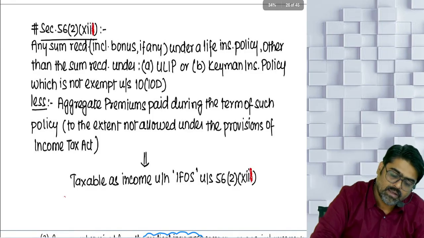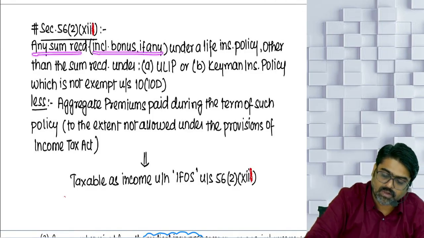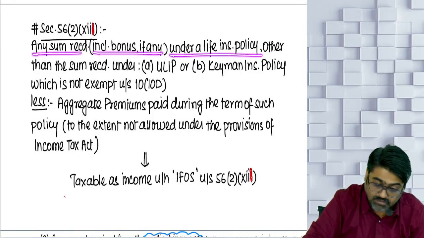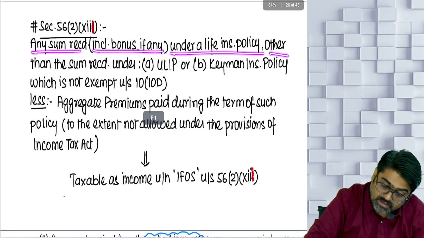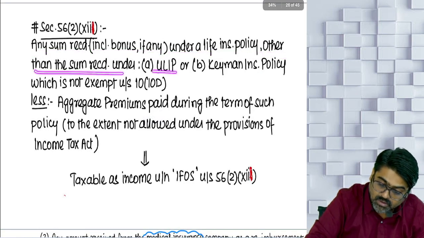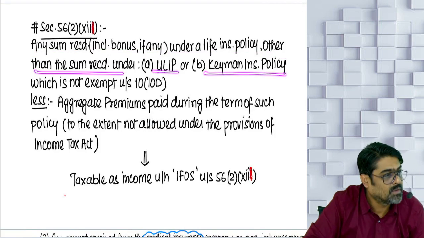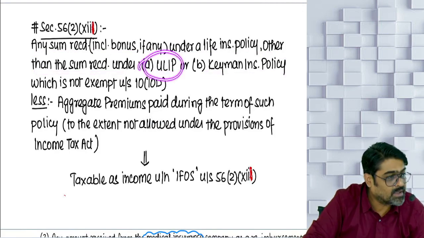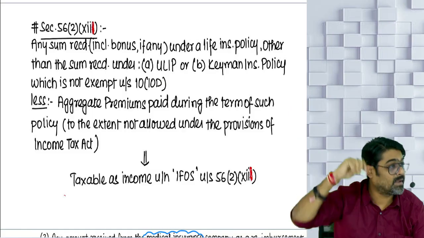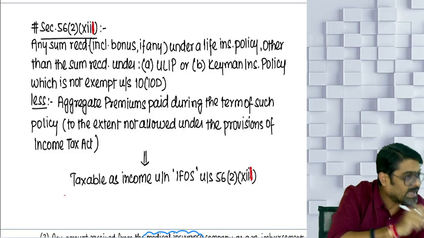Okay. Now see, any sum received, including bonus if any, under a life insurance policy, other than the sum received under ULIP or Keyman insurance. Sum received under ULIP is taxable under the head capital gain, not under the head IFOS.